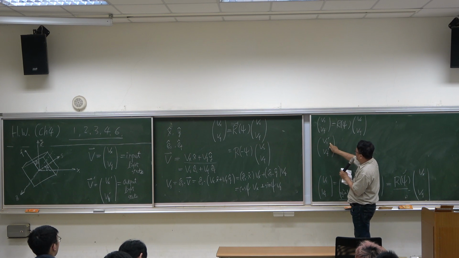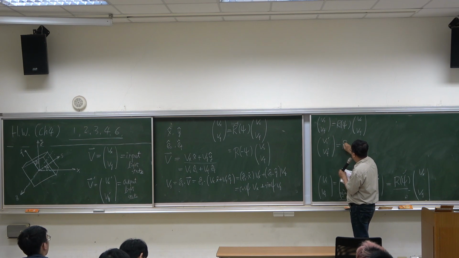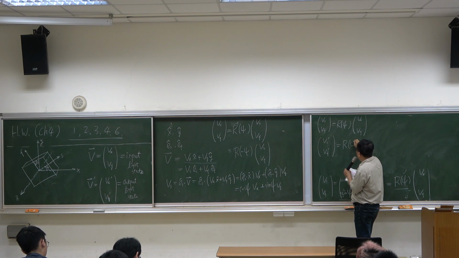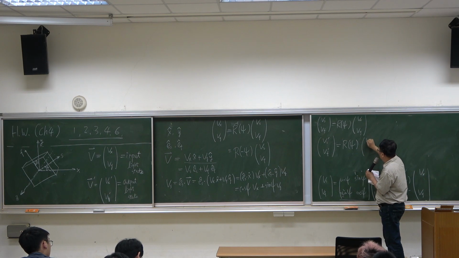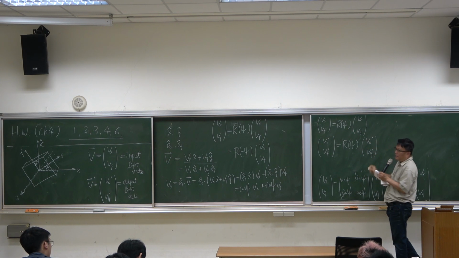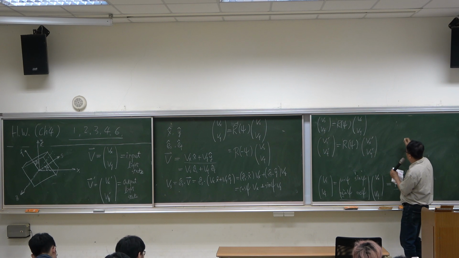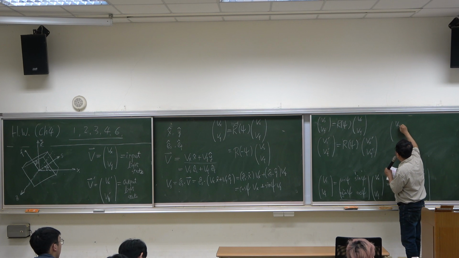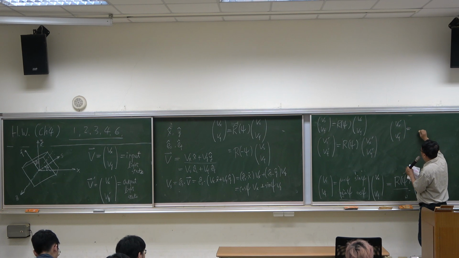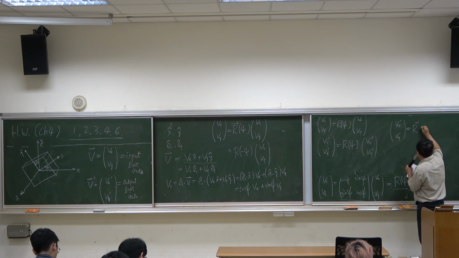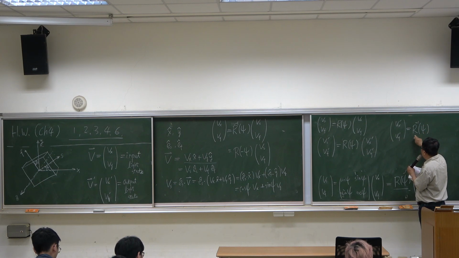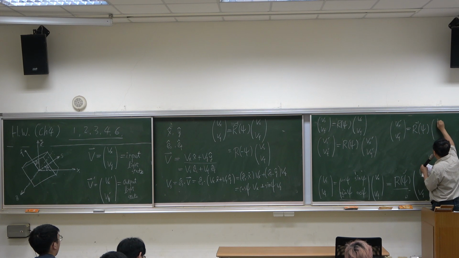And this (Vs prime, Vf prime) also can be written as R psi times (Vx prime, Vy prime). Okay. So if we want to know Vx prime, Vy prime, we use R inverse psi times (Vs prime, Vf prime).